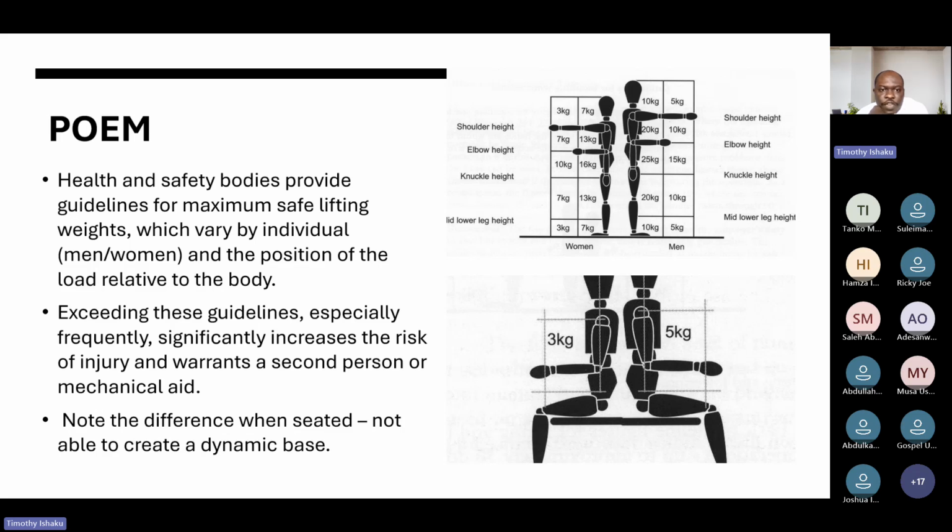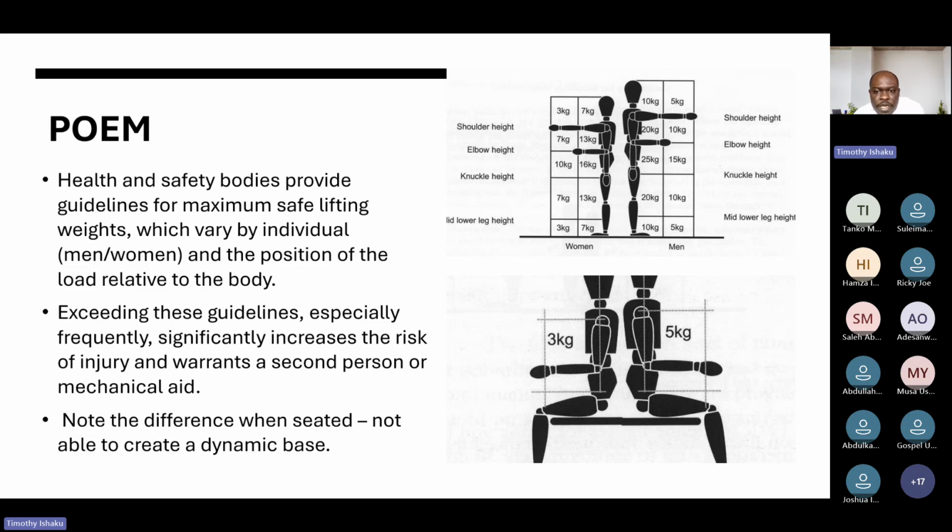They can move their legs and use their leg muscles, and that changes the amount of weight they carry. But when sitting, that reduces the amount of weight they carry. The 3 kg is for the female gender, the 5 kg is for the male gender. But there are standard weight limits that you can see when you're carrying an object.